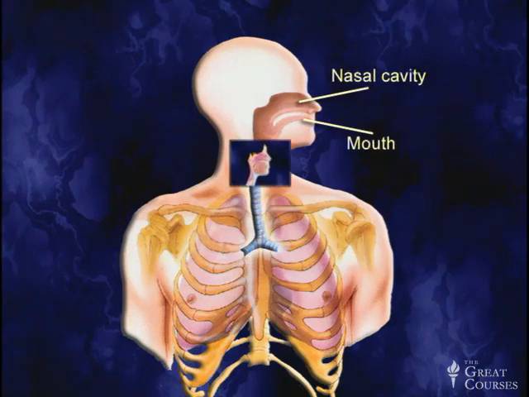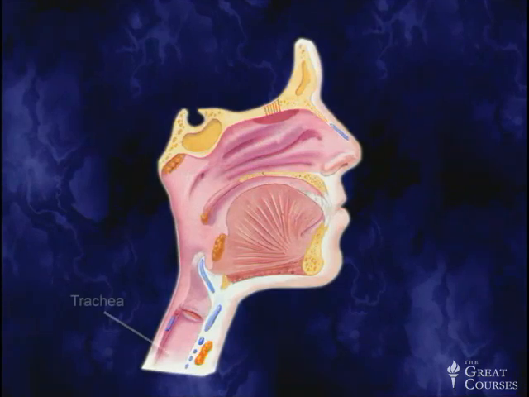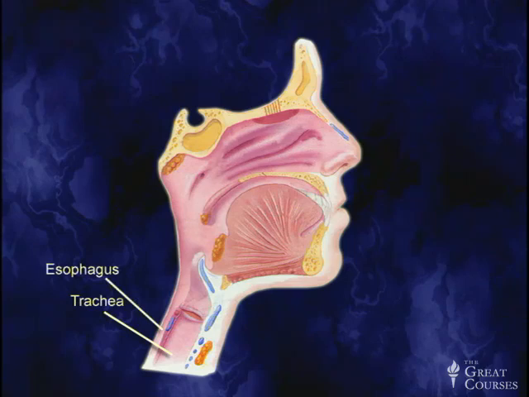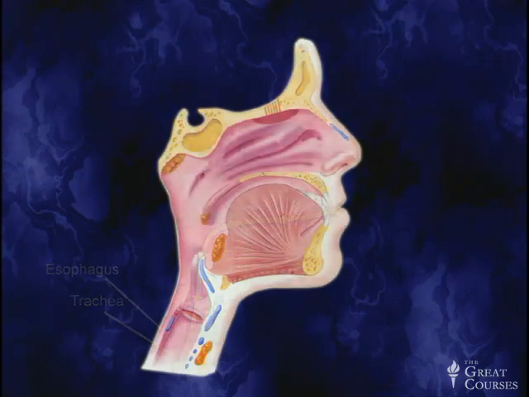But if you get a closer look at this, you will see that not only is the trachea and airway there, but right behind it we have the esophagus, which is where food goes down, and a place we'll study in a little bit. So we've got a little problem here in that we don't want any food going down into our airway. Let me back up and show you how the process begins right at the nose and mouth.